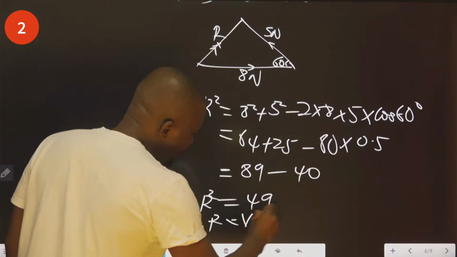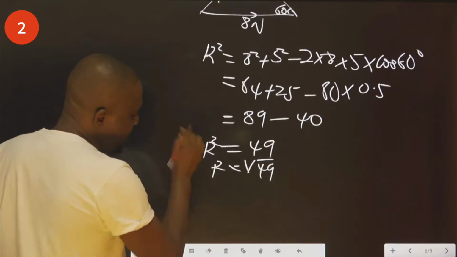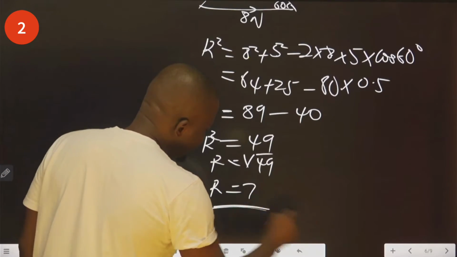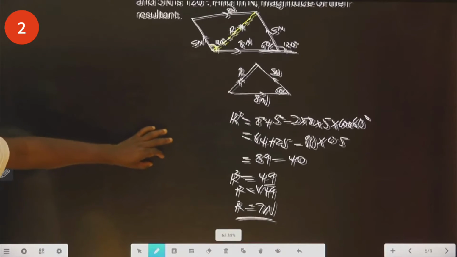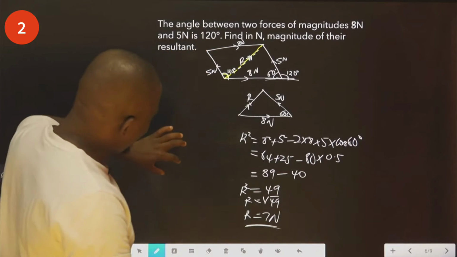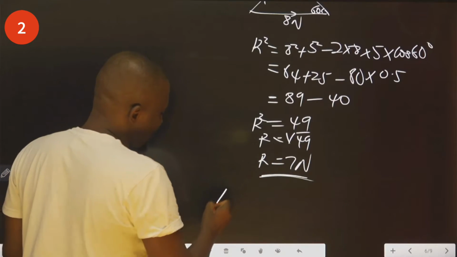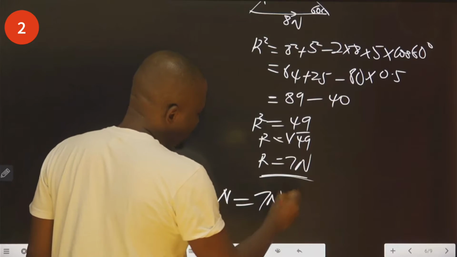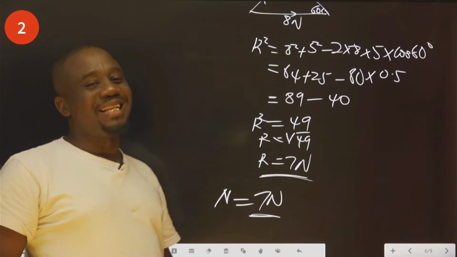R, therefore, is the square root of 49. You agree with me, the square root of 49 is 7. That is 7 Newton. Okay? So we can actually say the resultant, therefore, is 7 Newton, replacing R with N. Okay?